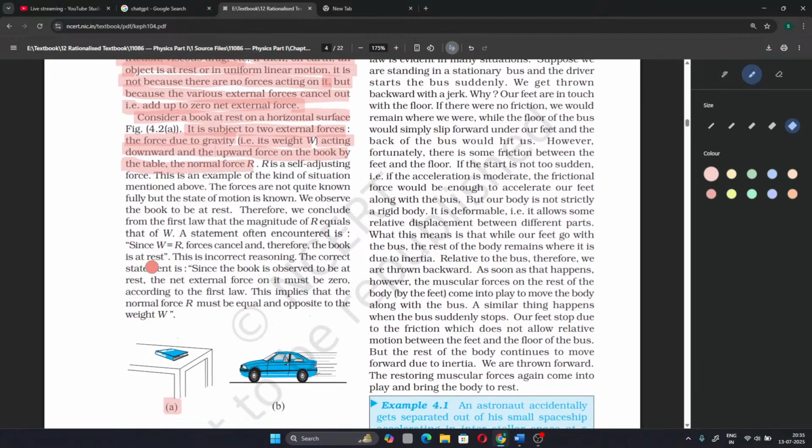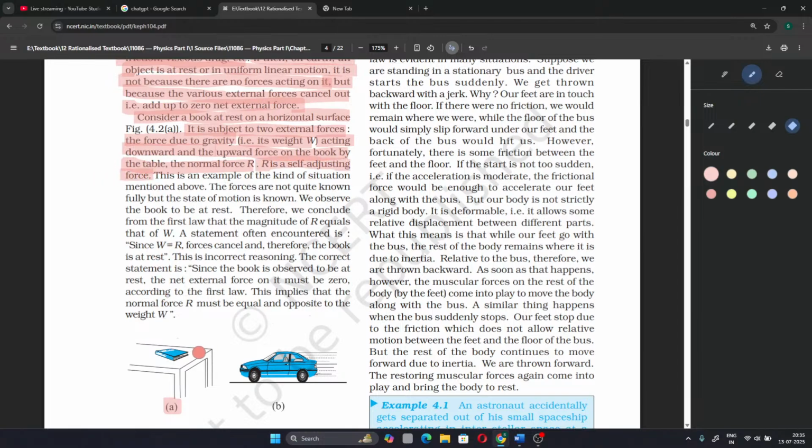Let's continue. It is subject to two external forces, that is, force due to gravity, its weight acting downward, and the upward force on the book by the table, the normal force, not N here but R. R is a self-adjusting force.